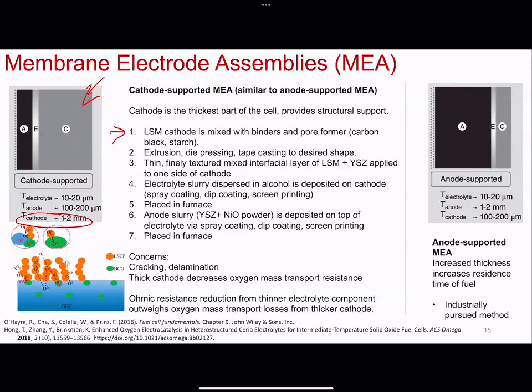Then you put down your cathode material. Let's say it's LSM, strontium-doped lanthanum manganate. You mix it with binder and pore former. What that means is you mix in a little bit of polymer to hold all your ceramic material together, so now you have a composite. You also want some sacrificial polymer.